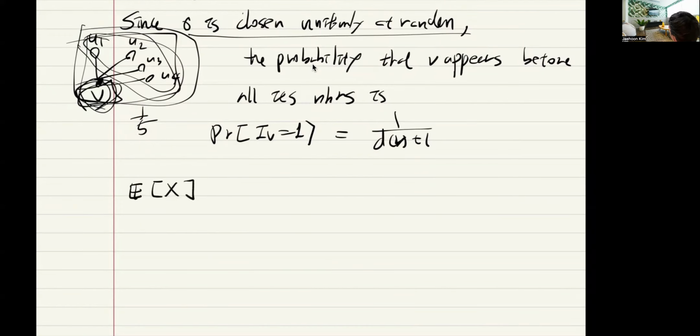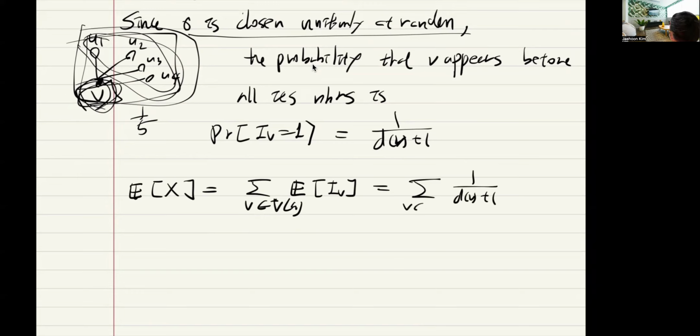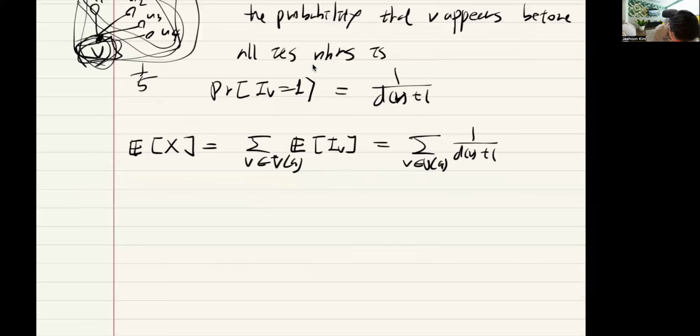Then the expectation of X, by linearity of expectation, is the sum of the expectations of this I_v over all vertices, and that's simply the summation of 1 over degree plus 1. Okay, and we have the harmonic sum over these numbers.